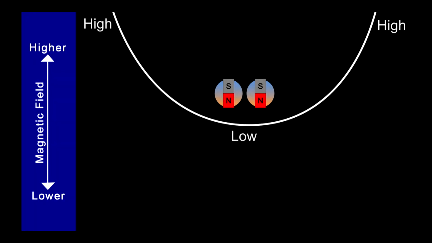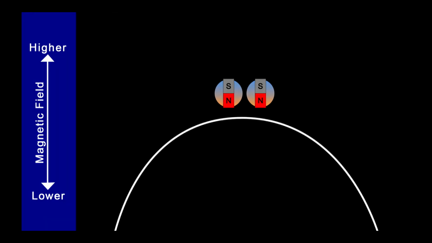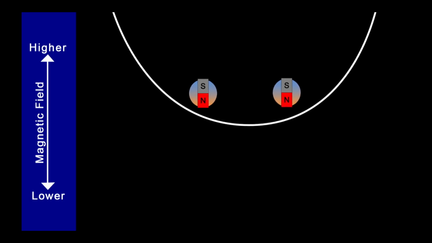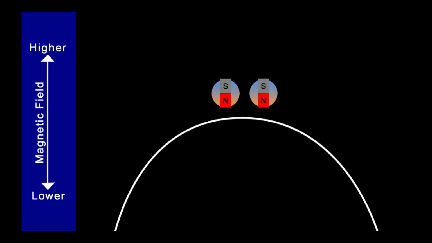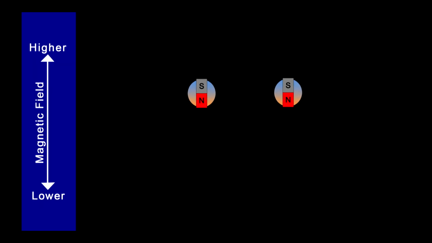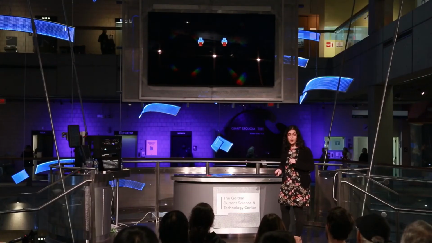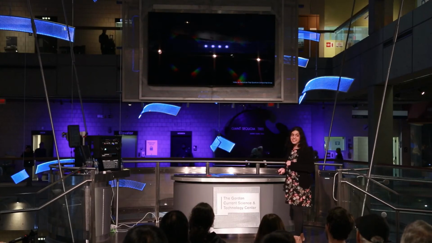Okay? Now what happens if I flip the bowl? Well, now low field is that way. So now they want to go the opposite way. Okay, so what about if I flip it again and I just keep flipping it? Well, now I'll excite a motion that's like this. Okay, and if you want to see what this actually looks like with 4 ions in a trap, it looks like that.